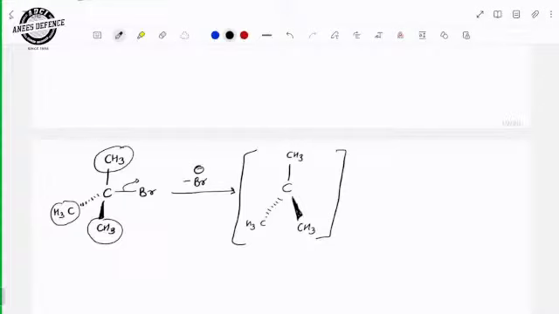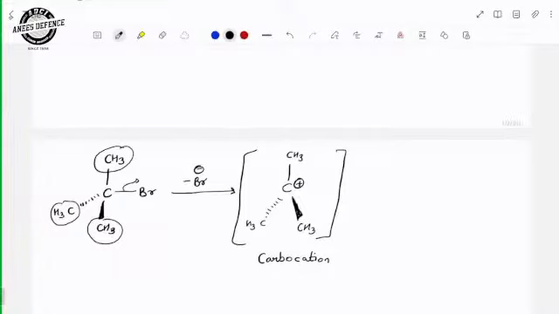And the carbon, it has given its electron to Br, so it will acquire a positive charge. A carbon atom having a positive charge, we call it a carbocation. Any species having positive charge is known as a cation. But specifically, if carbon is acquiring a positive charge, then that is known as a carbocation. Done. Now the methyl groups have aligned themselves in this manner.